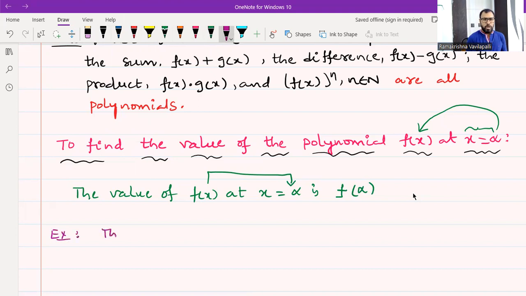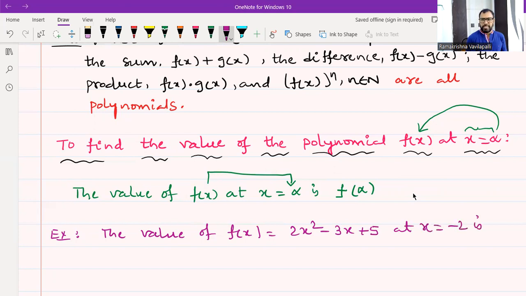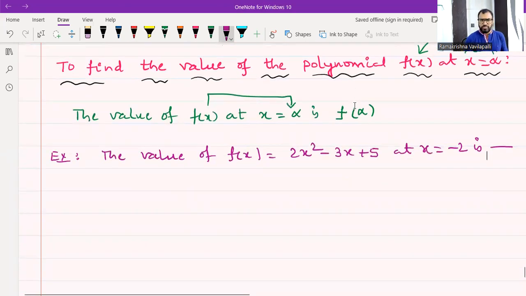The value of f of x equal to 2x square minus 3x plus 5 at x equal to minus 2 is dash. So what is the value at x equal to minus 2?